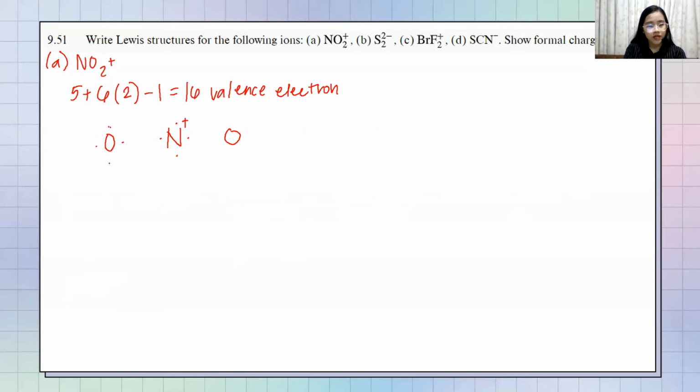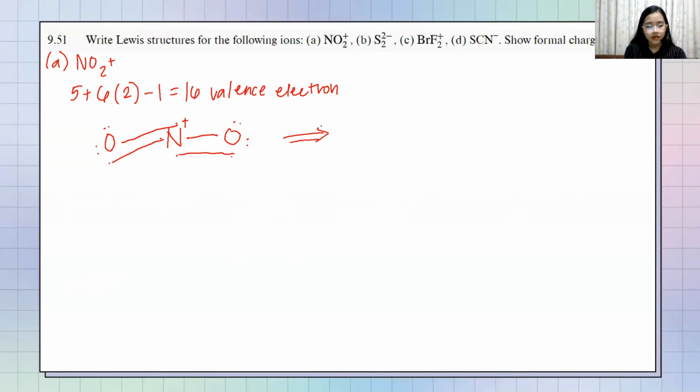But we know that oxygen has two lone pairs, so 1, 2. Total of 6 valence electrons, same as the oxygen here. 1, 2, 3, 4, 5, 6. So we just bond it here, here, and there you go.